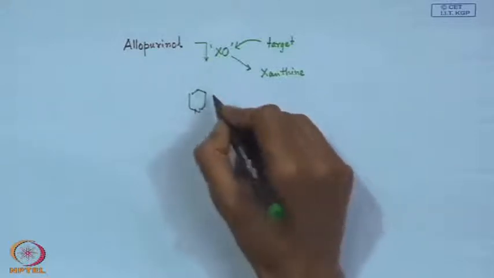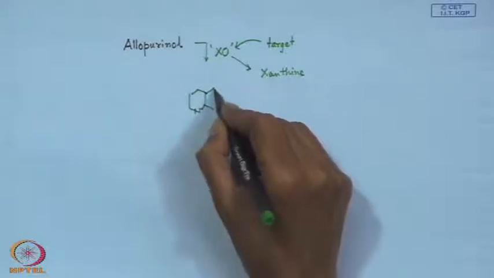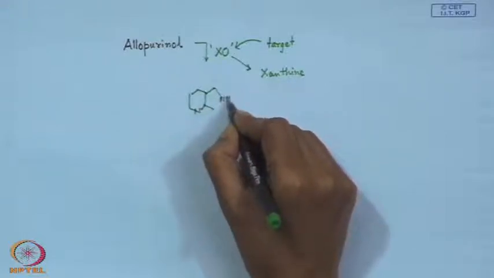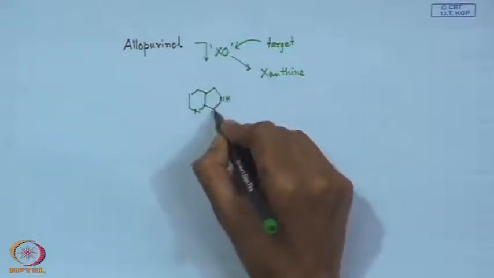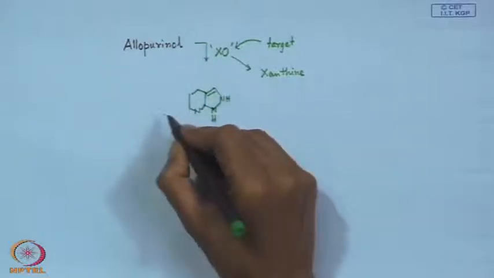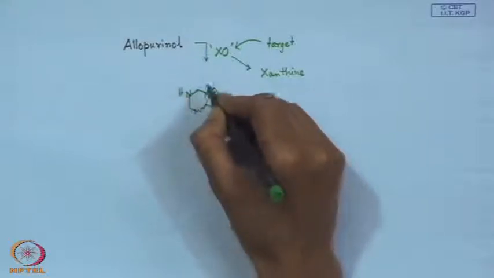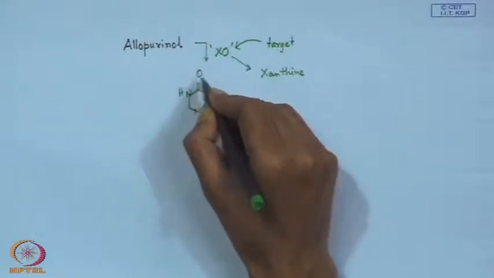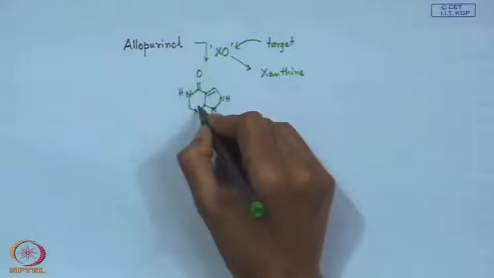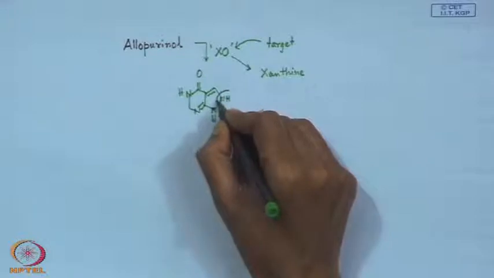So, if we know the entire structure of these, that means this is our allopurinol, and in this particular case the difference is in this one part.